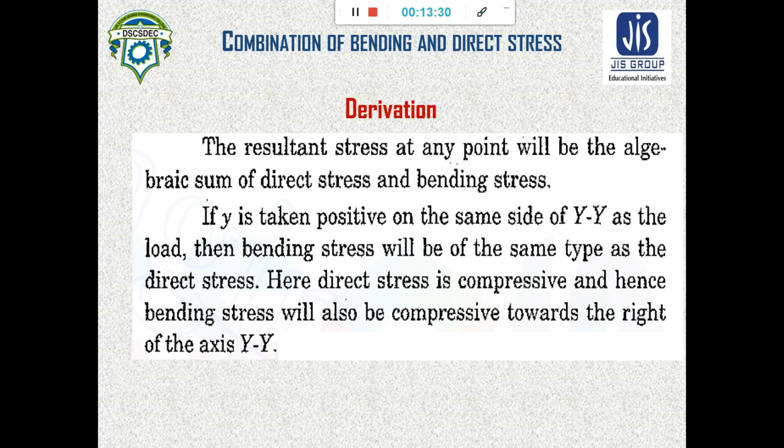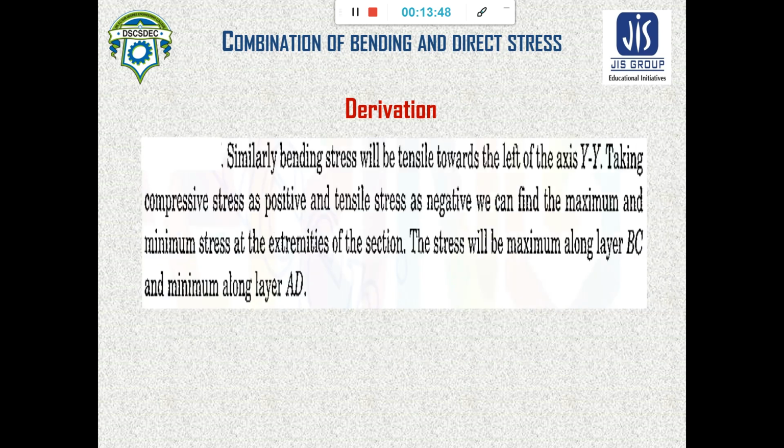If y is taken positive on the same side of yy as the load, then the bending stress will be of the same type as the direct stress. Here direct stress is compressive, hence the bending stress will also be compressive towards the right side of yy. Similarly, the bending stress will be tensile towards the left side.